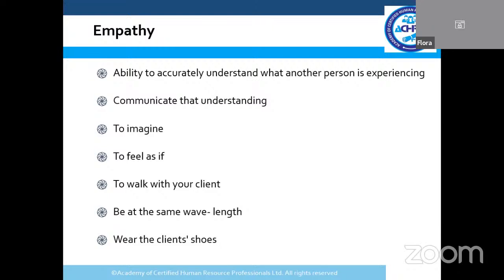And you always try to imagine, not necessarily that you must have lost a mother so that you know how it feels. But we say here, you try to put yourself in the client's situation, you wear the client's shoe, you enter into the client's world, and always you try to feel as if whichever issue the employees are going to present to you, you are in their situation.